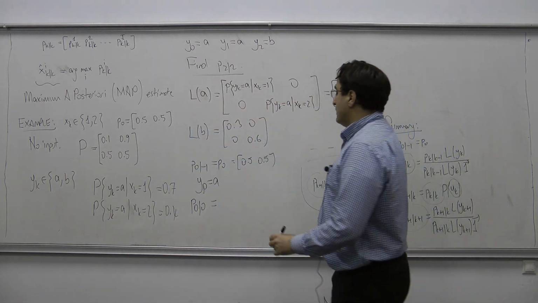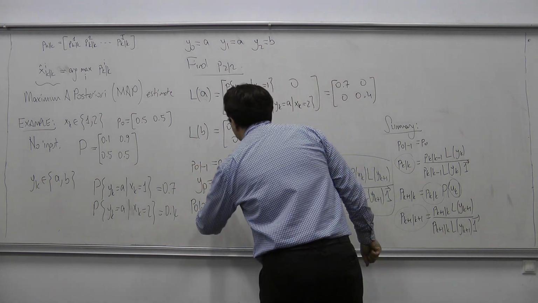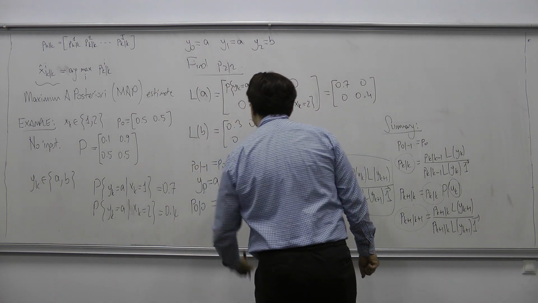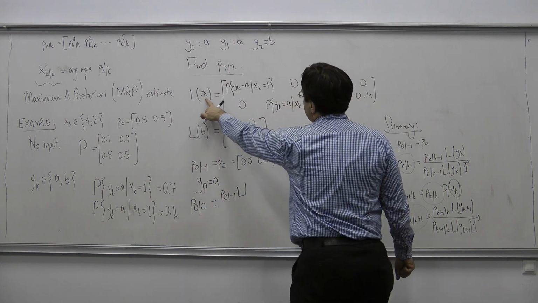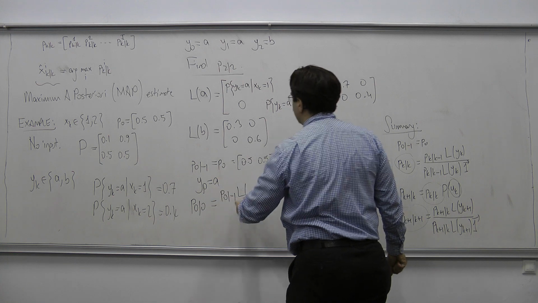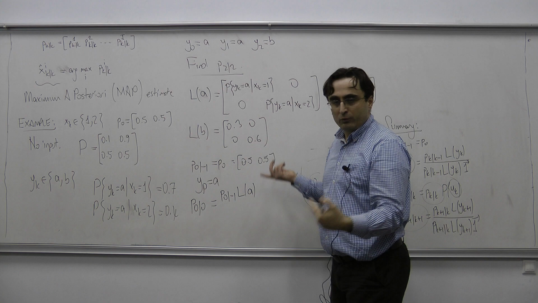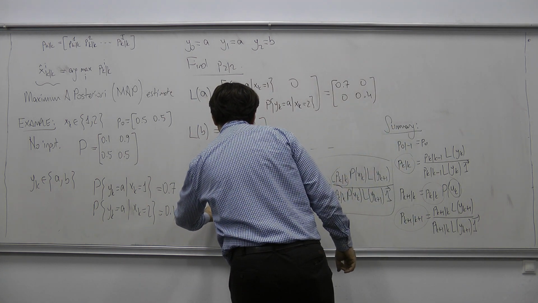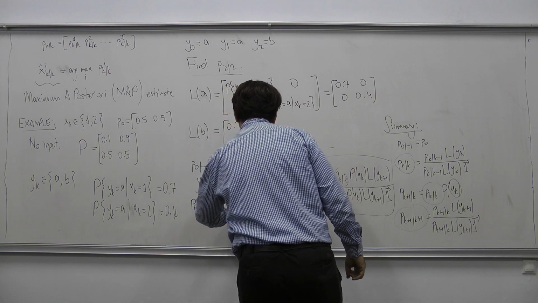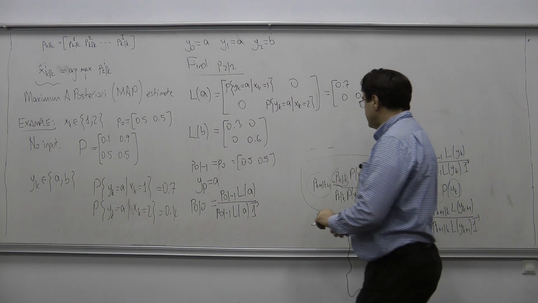This is going to be a measurement update, and that is going to be P0 given minus 1 times the likelihood of the measurement A, y0 equal to A. If I collect the measurement B, then this would be L of B. This is divided by P0 given minus 1, L of A times the vector 1.